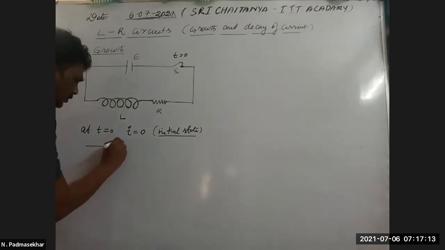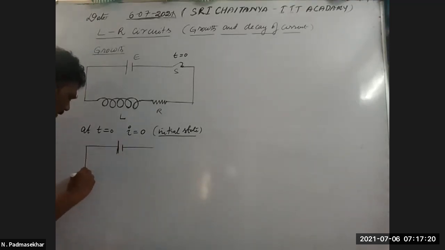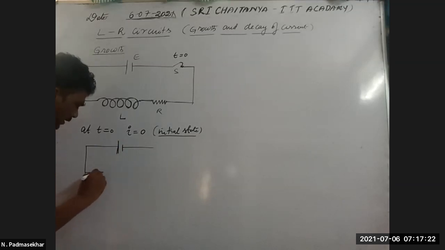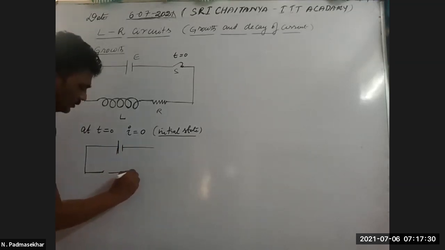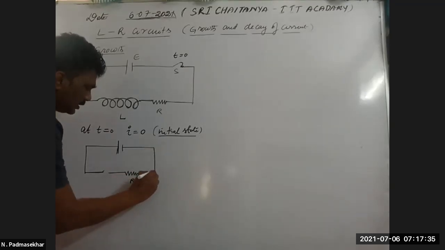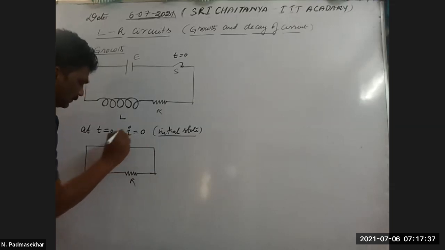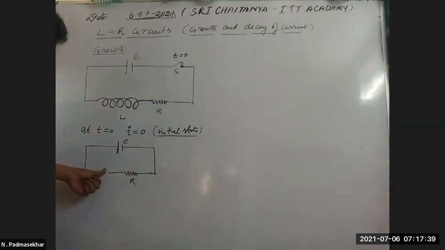Look at how this circuit appears in the initial state. Here at the inductor it is open, and there is a resistor R. It behaves like an open circuit.